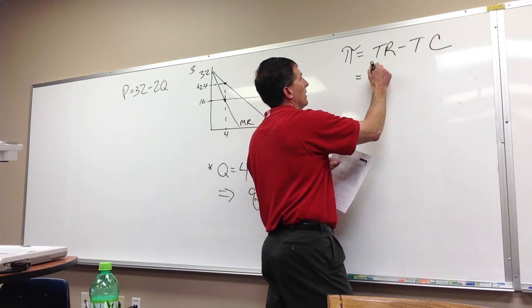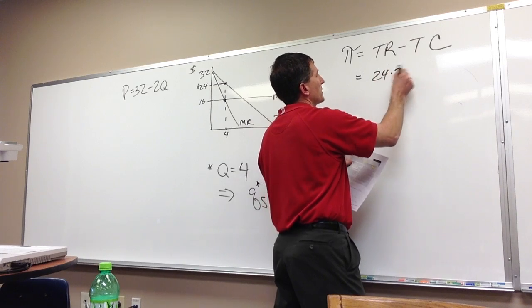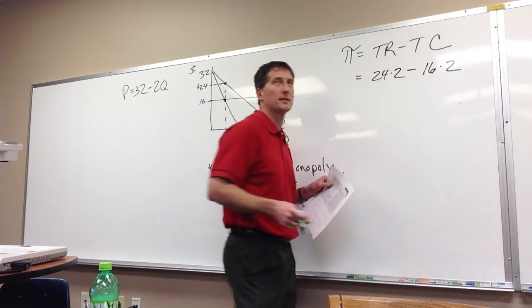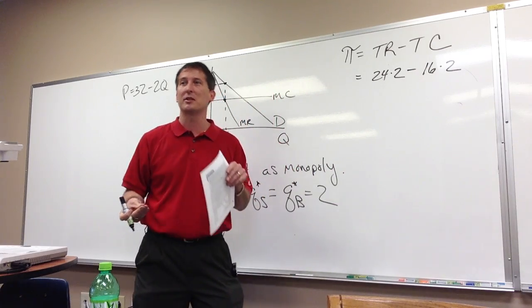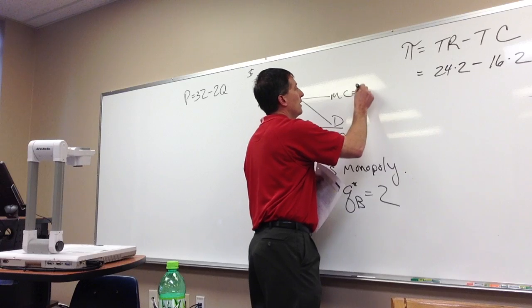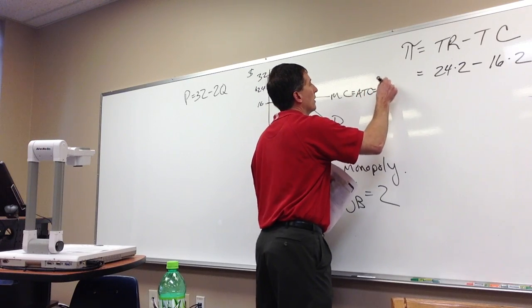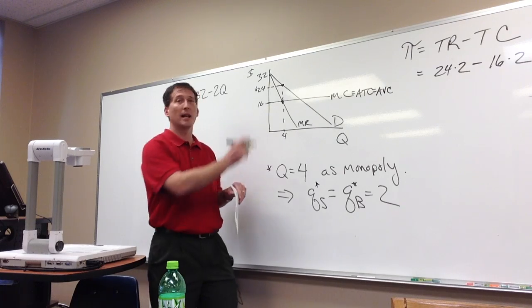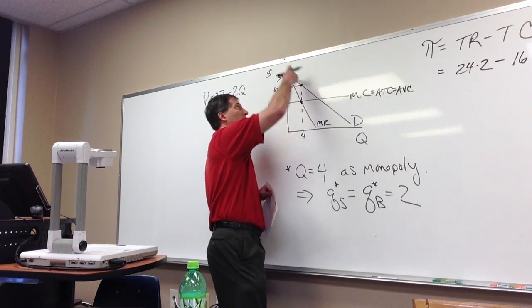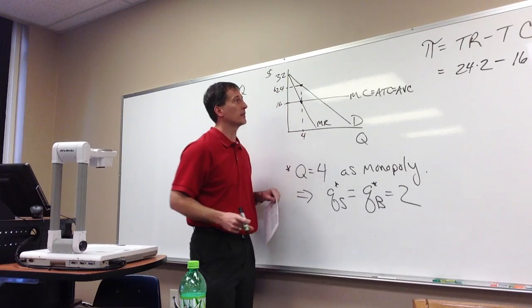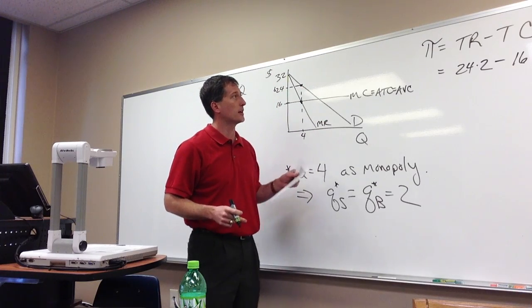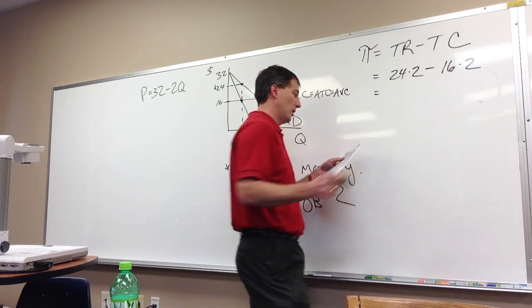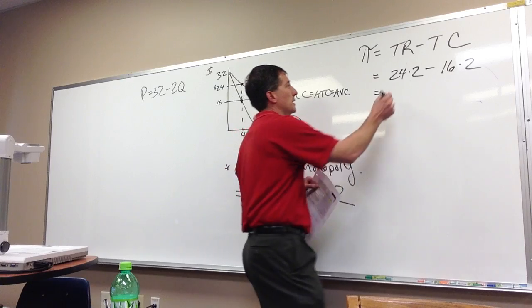So we've got 24 times 2 minus 16 times 2, because average total cost is equal to average variable cost, which is equal to marginal cost. These are all equal to each other when there's no fixed cost. We saw last time how, when there was fixed cost, the average was coming down, heading towards the flat marginal cost curve. So what do we get for profit? 16 bucks.